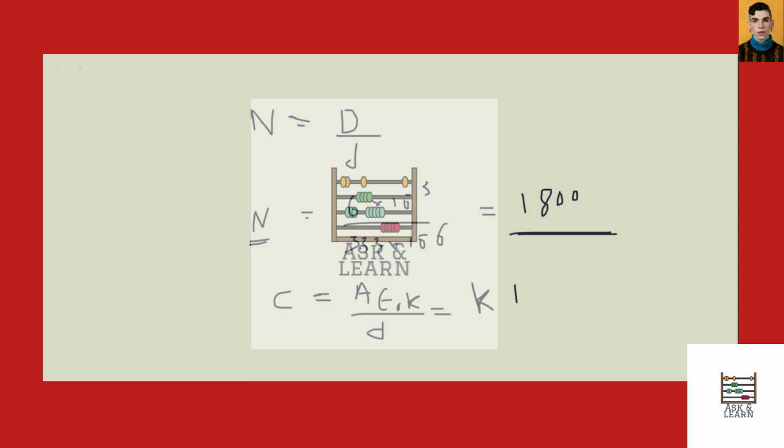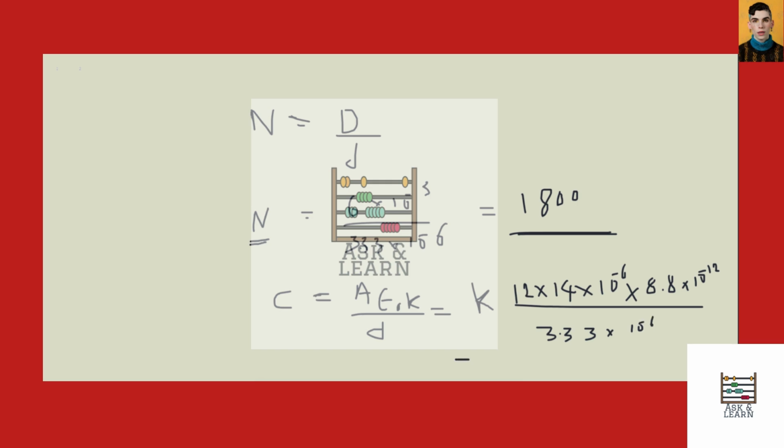Area was 12 times 14. Since both are in millimeters, we should write them in terms of meters. So it gives you the factor of 10 power negative 6. Epsilon naught gives you 8.8 times 10 power negative 12 divided by D, which is 3.33 micrometer.